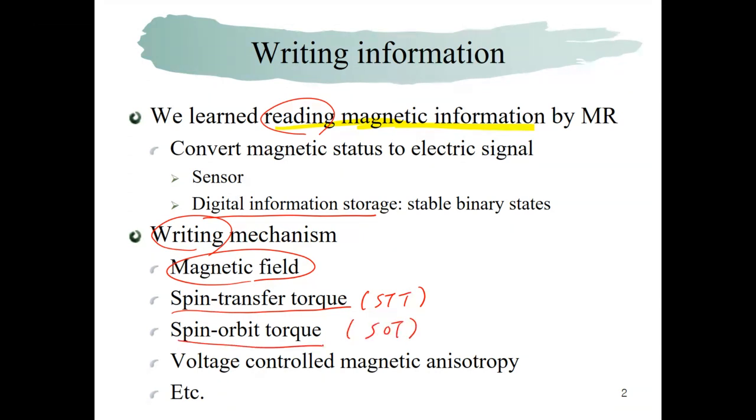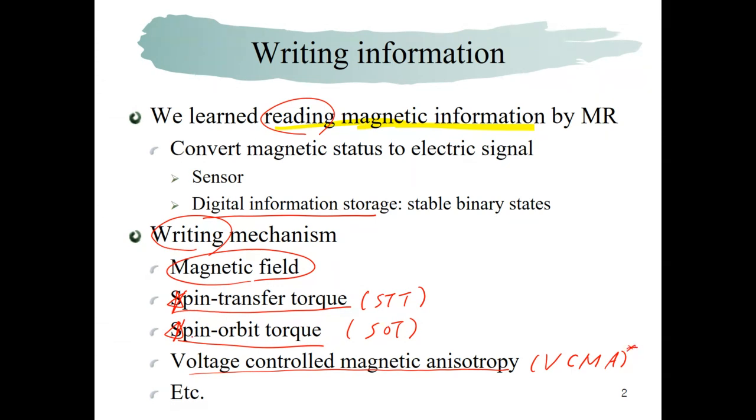Those two are very similar. And STT and SOT are very important in modern spintronics. And there is something more, like a voltage controlled magnetic anisotropy technology called VCMA. Yeah, maybe we can skip this part.